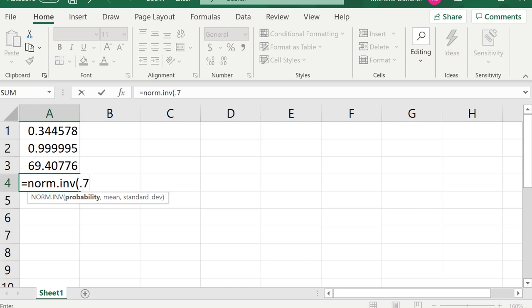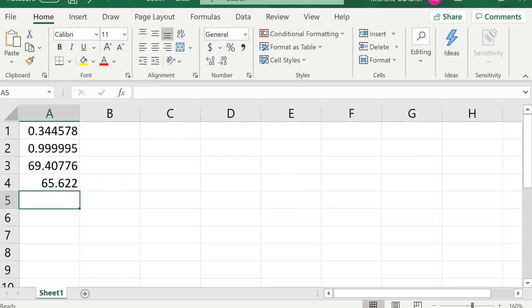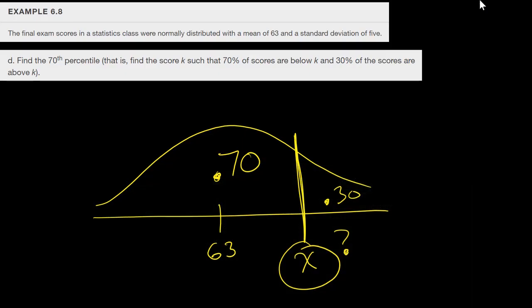So the probability to the left was 0.7, and the mean is 63, and the standard deviation is 5. Close parentheses, press enter, 65.6. So this x value is 65.6. So you can expect that 70% of the students will score less than 65.6. The 70th percentile of this distribution is 65.6.